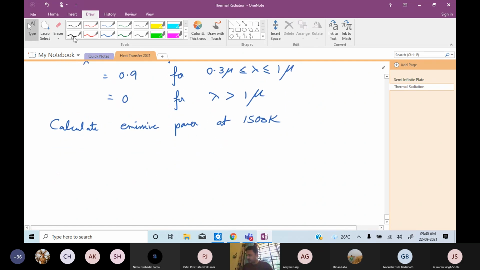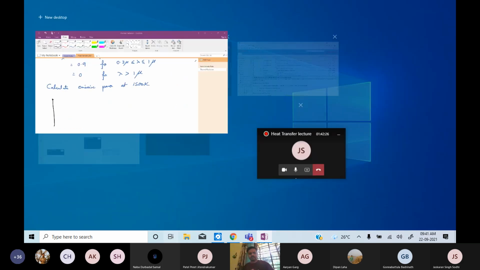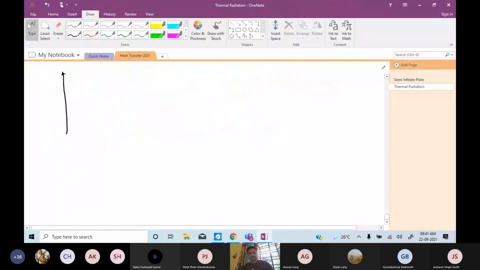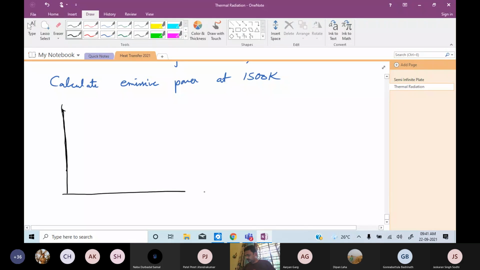So if I have to plot this, this is E B lambda. And the real surface is not going to be like this.